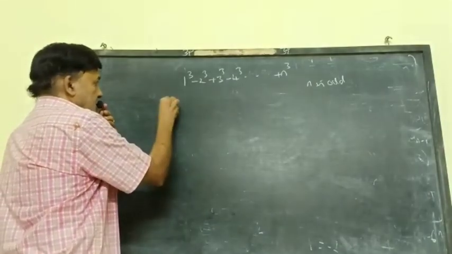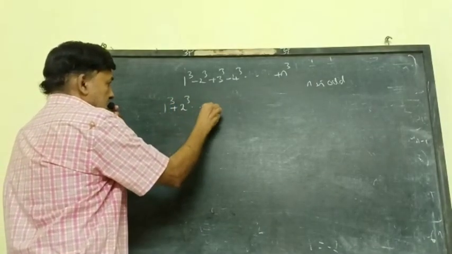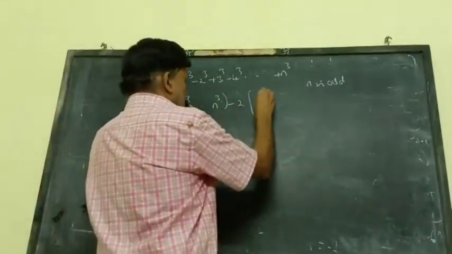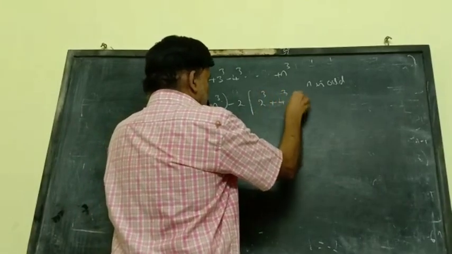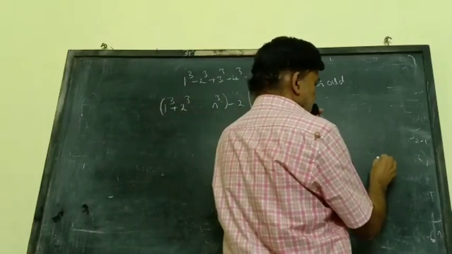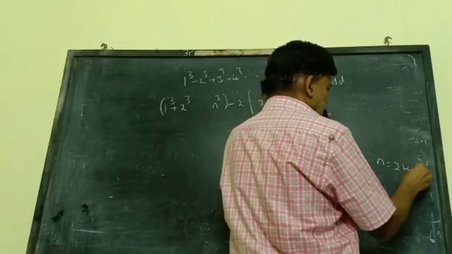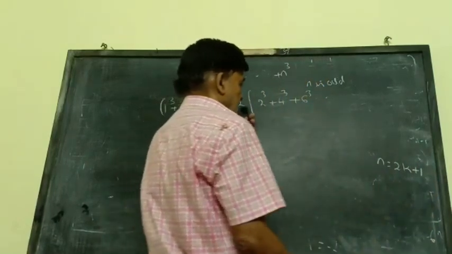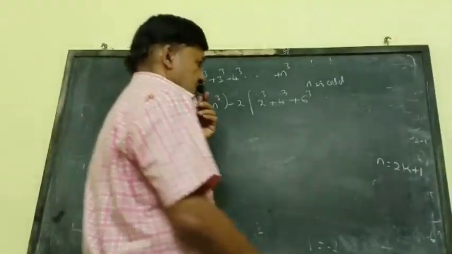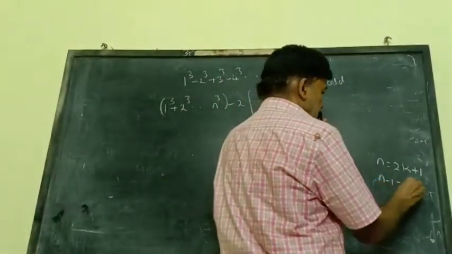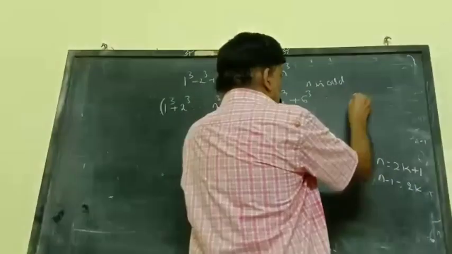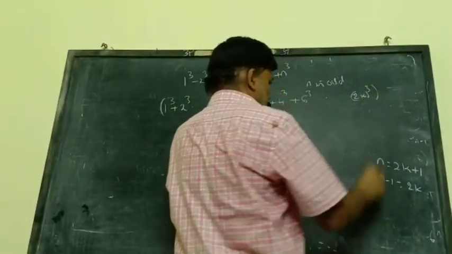So you can think like this: 1 cube plus 2 cube up to n cube, minus 2 into 2 cube plus 4 cube, 6 cube, etc. Since n is odd, let us say n is 2k plus 1. So there will be 2k plus 1 terms. So when n is 2k plus 1, what is your n minus 1? 2k. Is it not? So finally you are going to get 2k whole cube. Right?